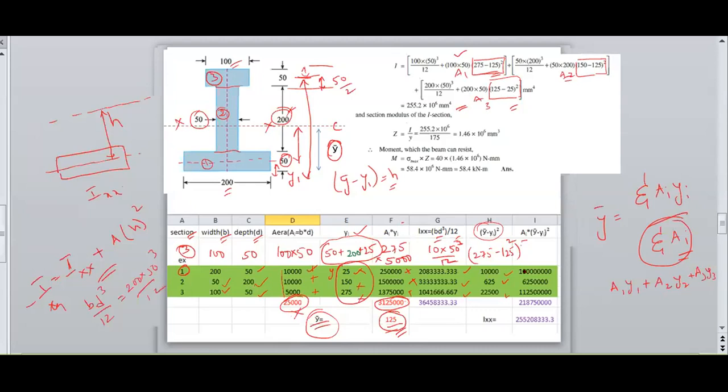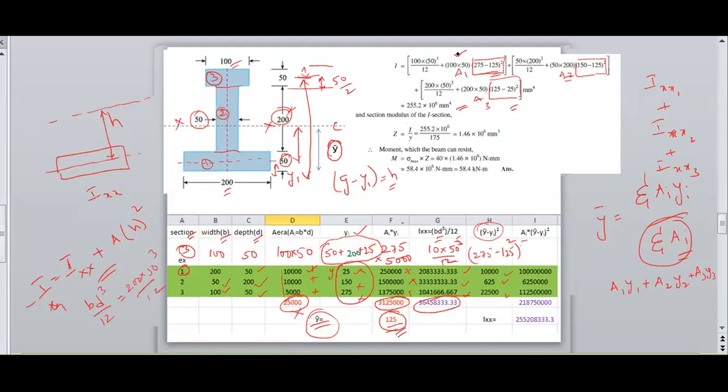Now each and every term needs to be added, because Ixx1 for the first section, plus Ixx for the second section, plus Ixx for the third section need to be added. This is the value, adding all the Ixx for the individual cross sections.